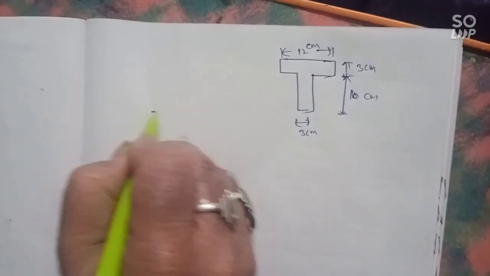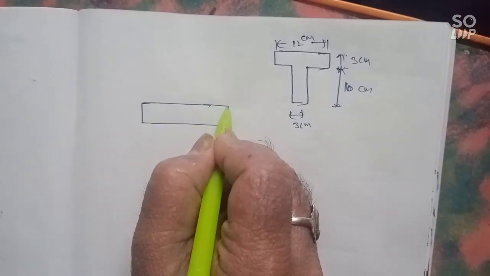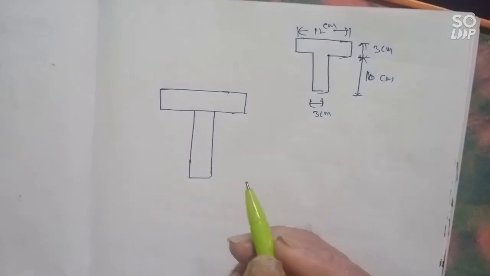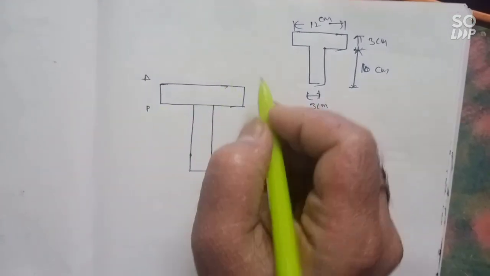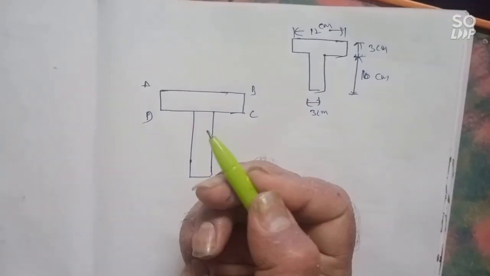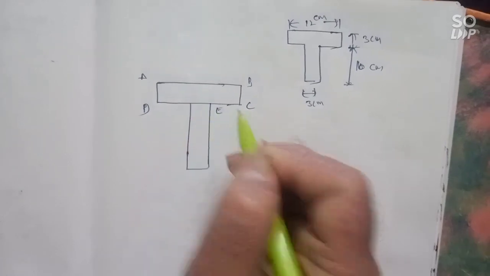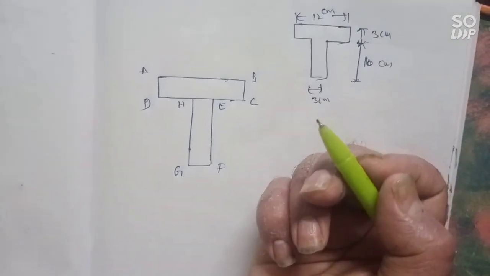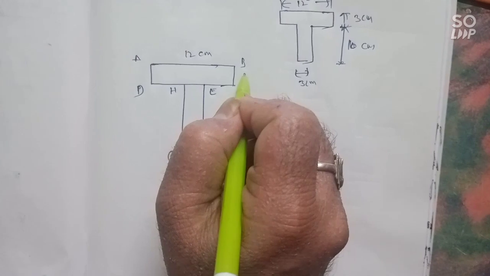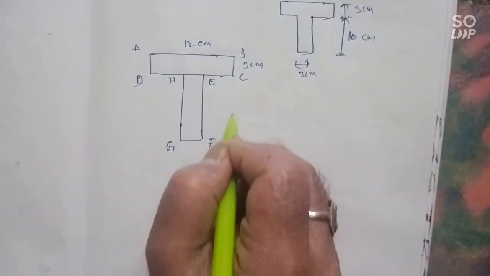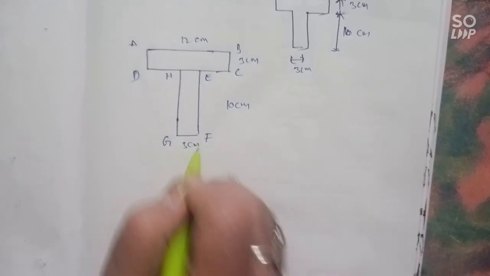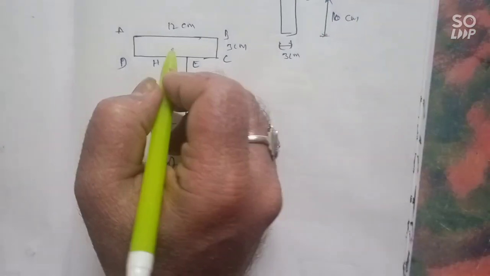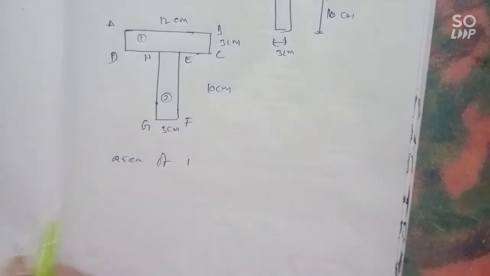So we can divide the T section into two parts, say A, B, C, D, E, F, G, H. This is 12 centimeters, this is 3 centimeters, this is 10 centimeters, and this is 3 centimeters. Now this is the first rectangle and this is the second rectangle.